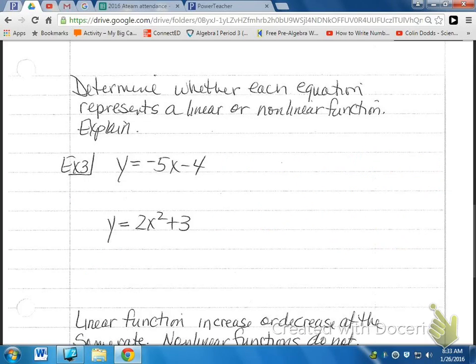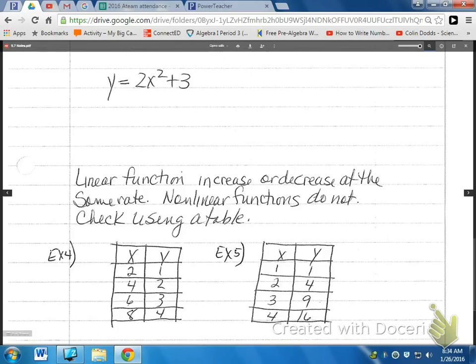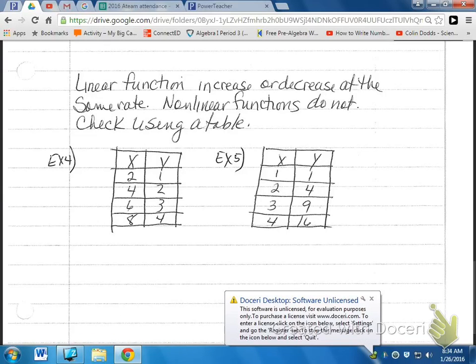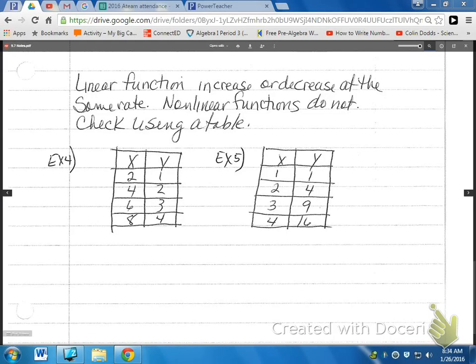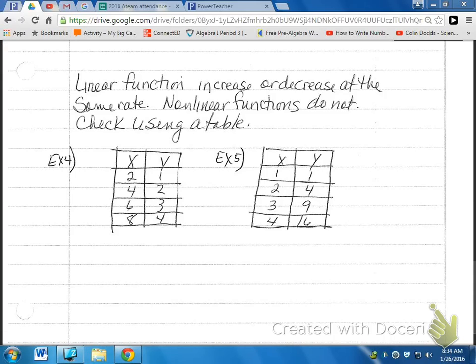So here's the last part. So we had graphs, we had equations. Now we're looking at tables. Linear functions increase or decrease at the same rate. Nonlinear functions do not. Check using the table. Here's what we mean by that.